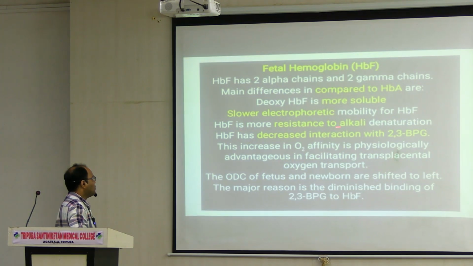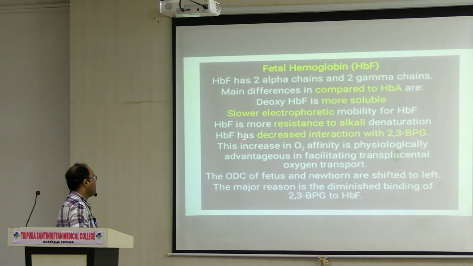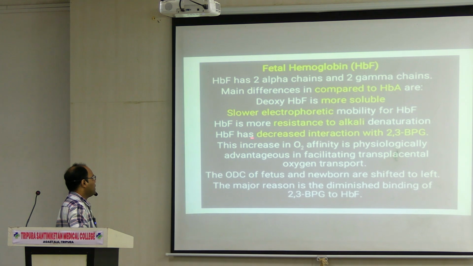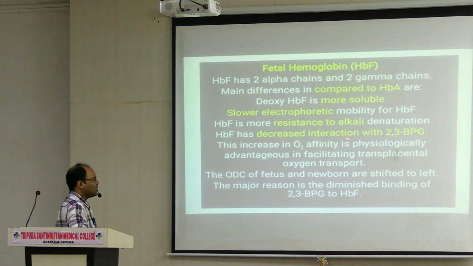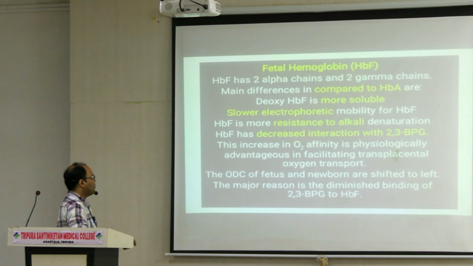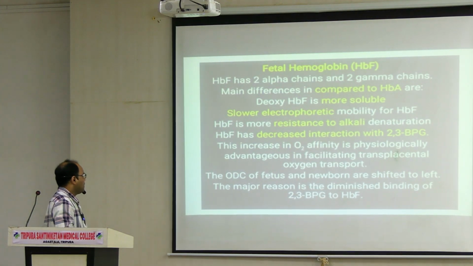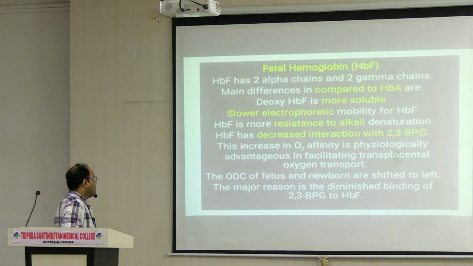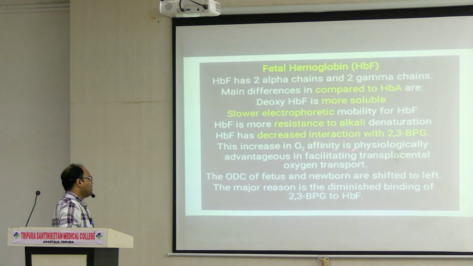HbF is more resistant to alkali denaturation and has decreased interaction with 2,3-DPG. This is a very important line. HbF has decreased interaction with 2,3-bisphosphoglycerate. As a result, what happened? This increase in oxygen affinity is physiologically advantageous in facilitating transplacental oxygen transport.